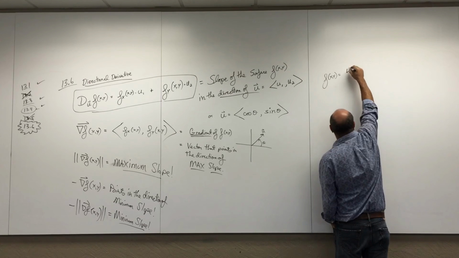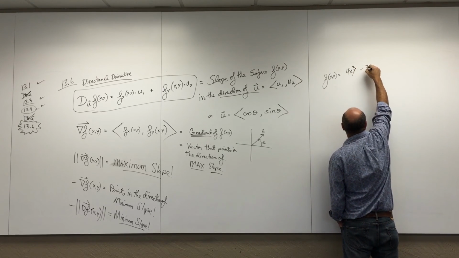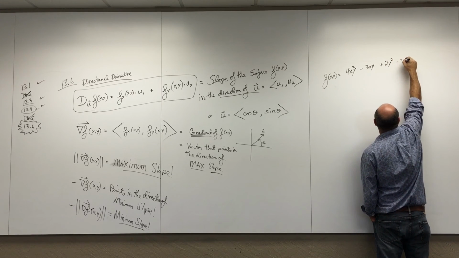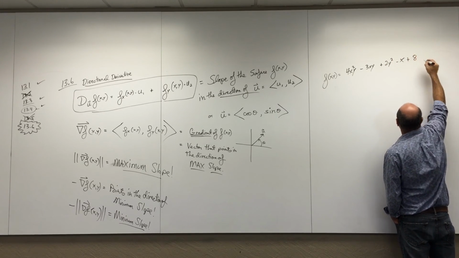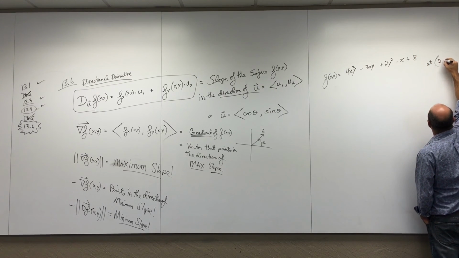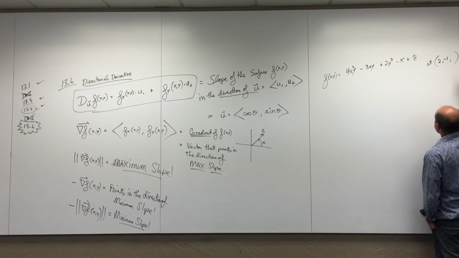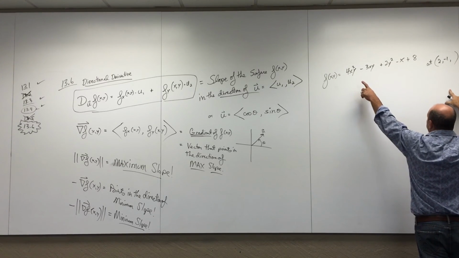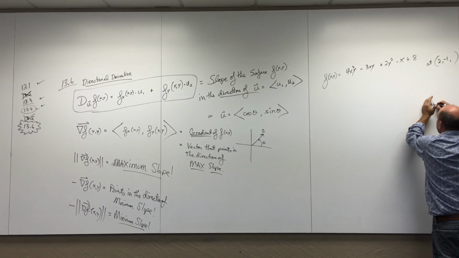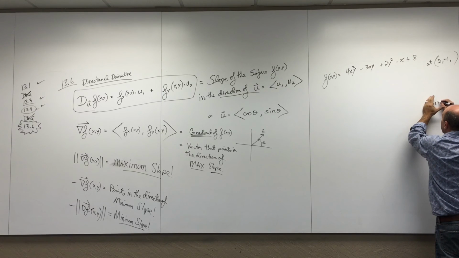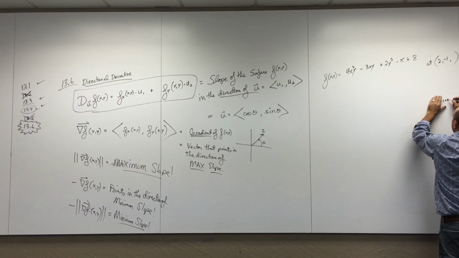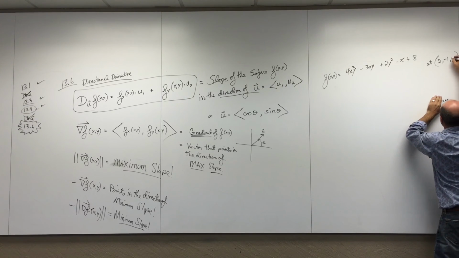I'm making up a function: 4x squared y minus 3xy plus 2y squared minus x plus 8 at the point (2, -1, -2), I think.